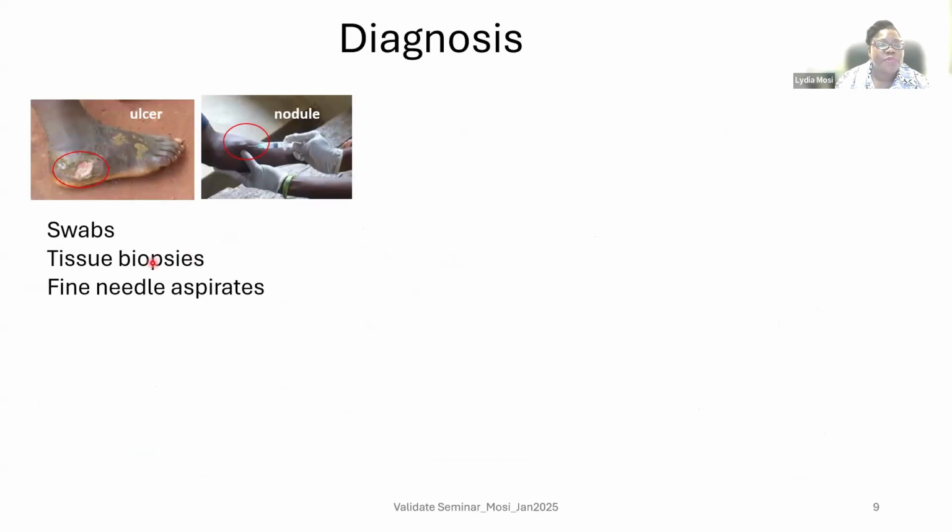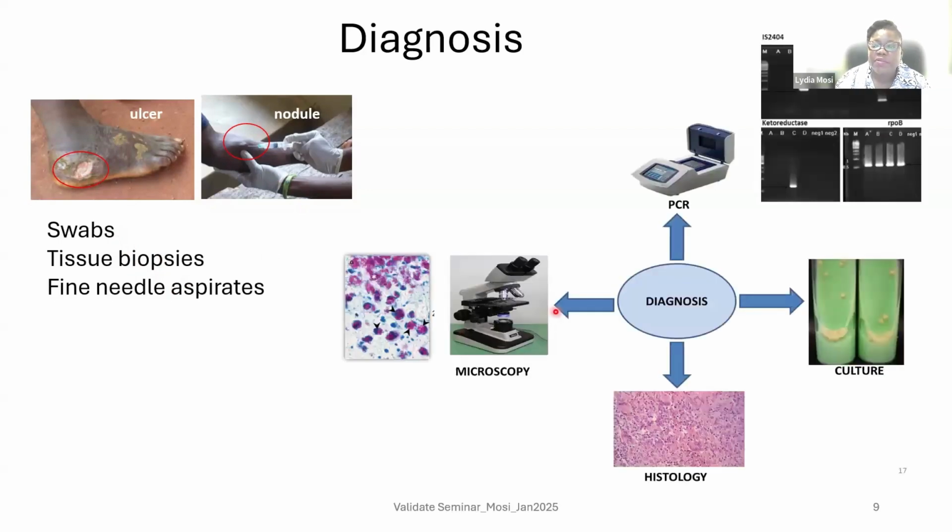So whether it's presented as an ulcer or as a nodule, swabs can be taken from the open lesions, or fine needle aspirates can also be obtained from the nodules, as well as tissue biopsies from the ulcers. And all of these are subjected to any of these methods, which I'm going to uncover in just a second.